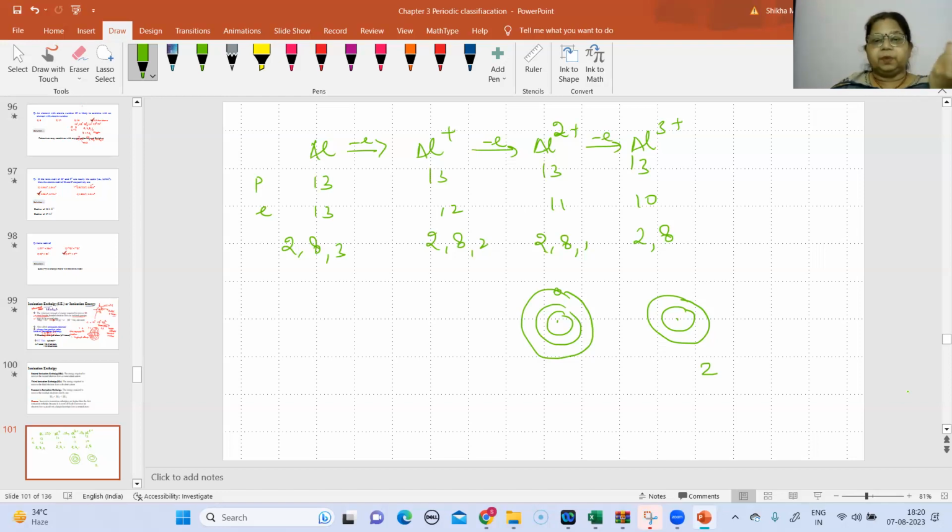So IE3 will be more. As the positive charge increases, many times one of the shells is lost, as you can see in case of aluminium 3+. Once the shell is lost, distance decreases. Hence, the size decreases and ionization enthalpy increases.